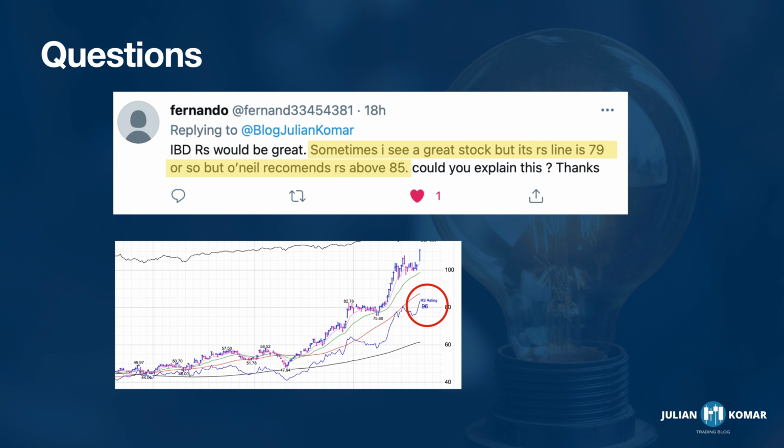These are the stocks which William O'Neill traded, or which I am also trading. So I look for stocks which behaved very, very strongly in the past months, and then I jump on board into this overall uptrend and surf the wave to higher prices. And when I select stocks, they should have an RS rating of 90, and that means they belong to the top 10 percent of the 7,000 stocks covered by IBD.